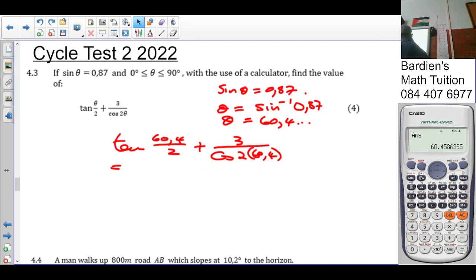So I'm going to say tan of answer over 2, close that bracket, plus 3 over cos of 2 times that answer. It gives me an answer of negative 5.3. Did I say 1 decimal place? No. So if I didn't say 1 decimal place, I expect you to write 2 decimal places, according to what is given on the front page. So it's negative 5.26.